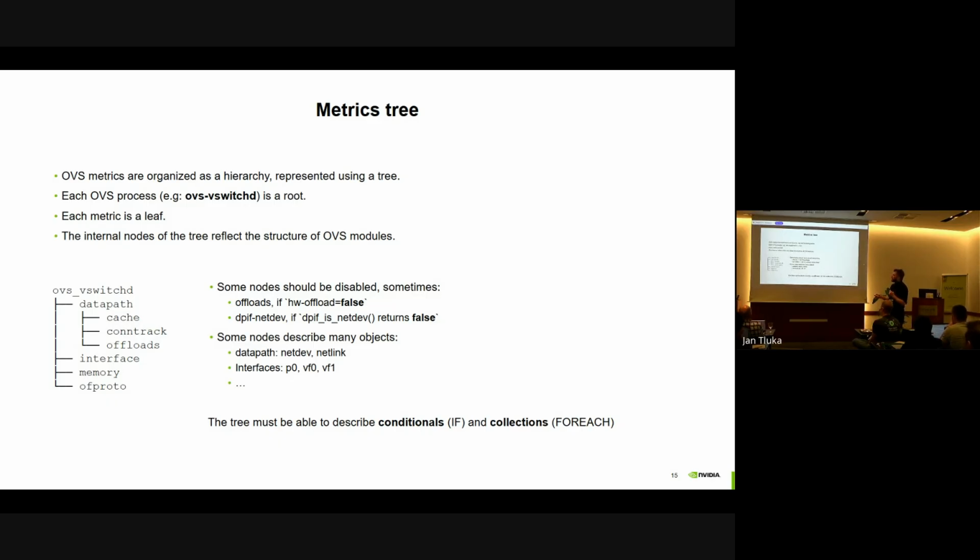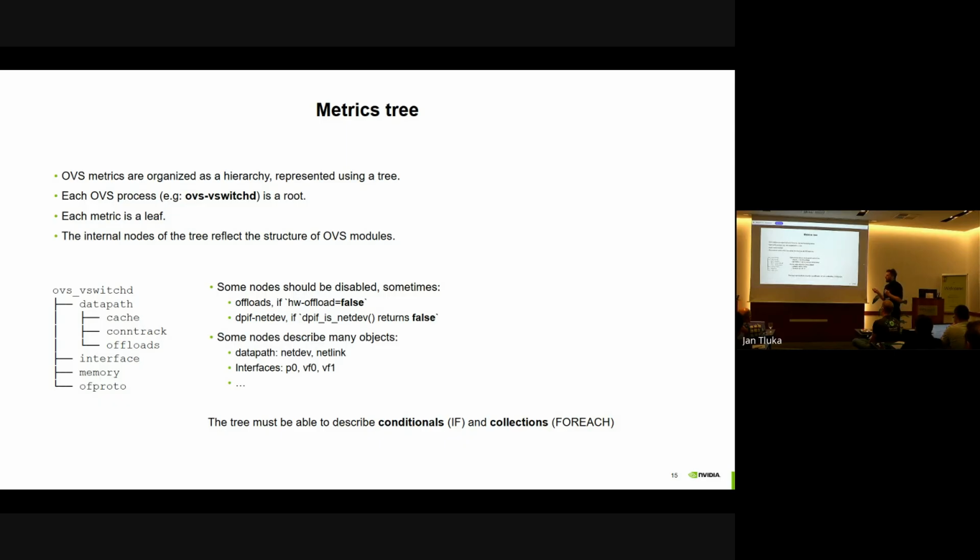Same for special metrics that are only available in the userspace datapath. Here you call the dpif_is_netdev function, integrate it in this conditional node, and if it returns false, you do not visit all the following children. So you will not emit the metrics related to that userspace datapath.